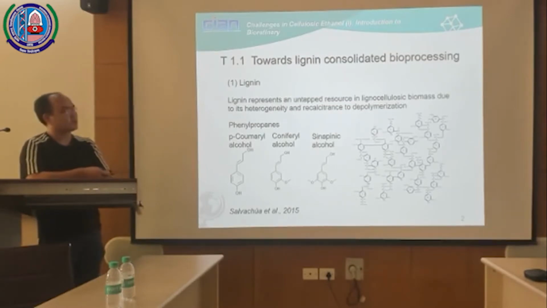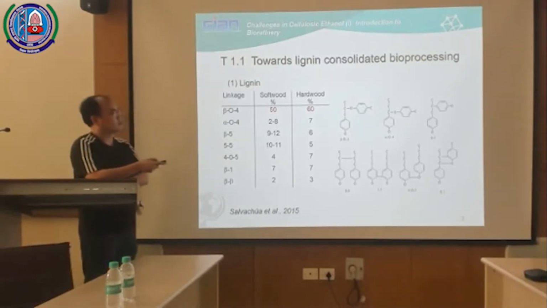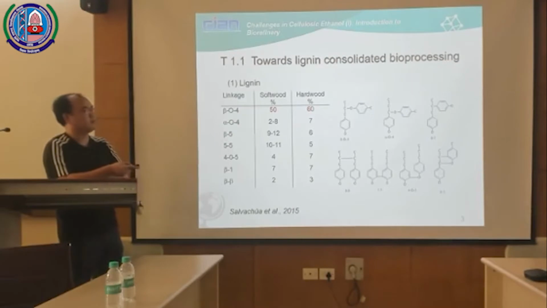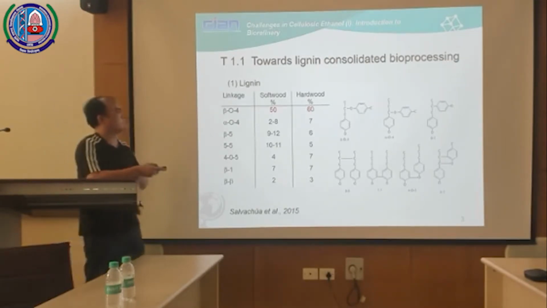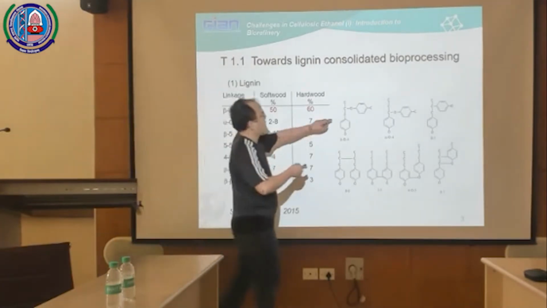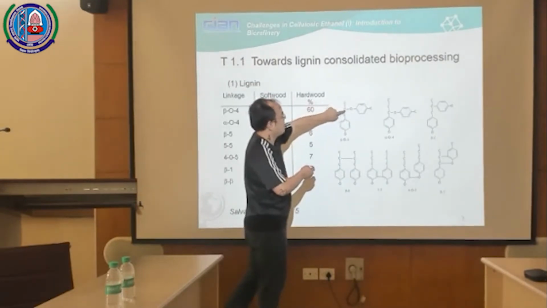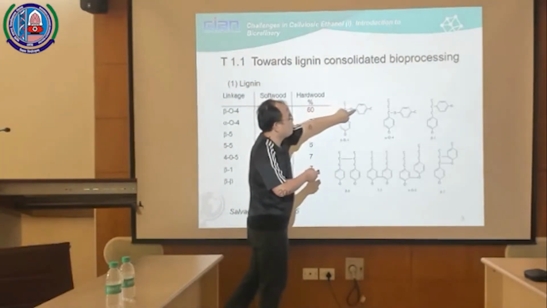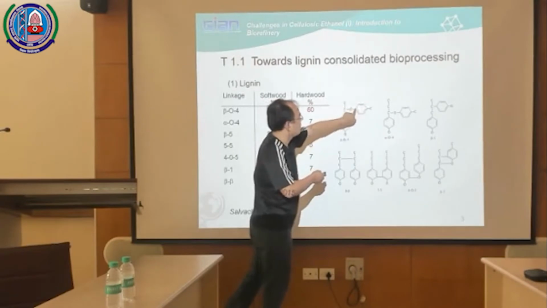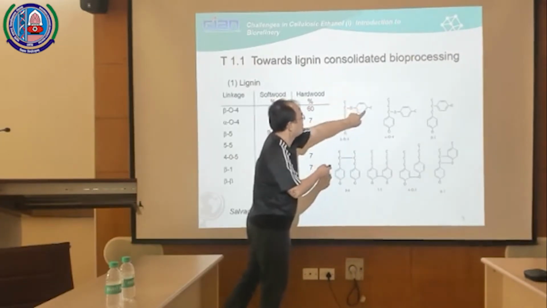These units are connected with each other by different covalent bonds, including carbon-oxygen-carbon bonds, which we name beta-O-4. This is alpha, beta, gamma, and this is the beta carbon. The 4 is the fourth carbon in this ring: 1, 2, 3, 4.